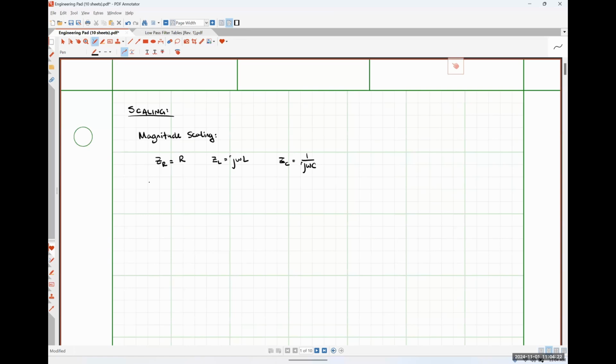So in magnitude scaling, we are going to multiply the impedance of each element by a scaling factor.